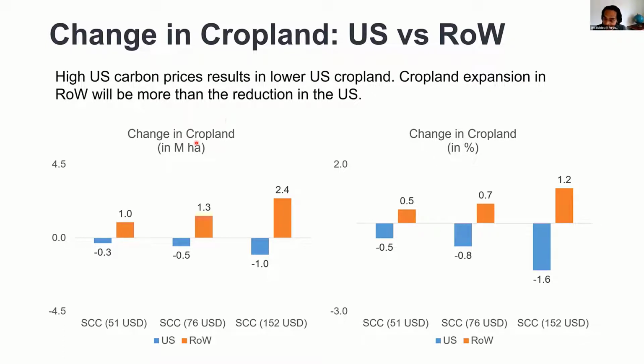And that could have some implication if you're thinking of leakage effects due to land use change emissions, for example, or natural areas for biodiversity. That's something we'll probably have to dig deeper into to see what the implication of a global increase in land from this policy is.